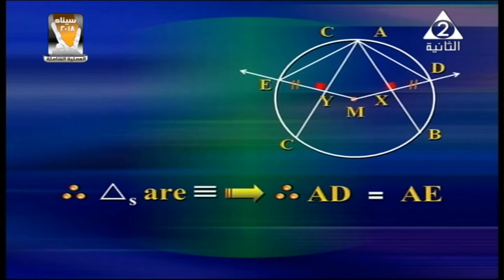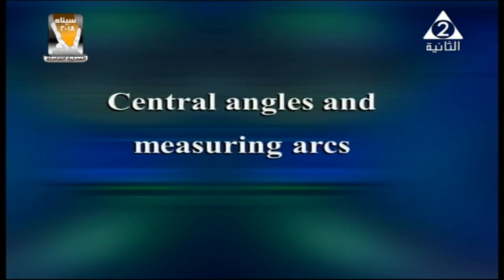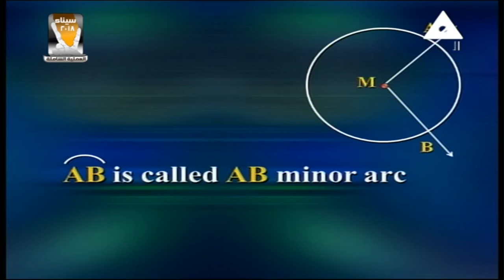Another example. What about central angles and measuring arcs? It is a new lesson. Look carefully at such a figure. You have AB arc, and it is called AB minor arc.